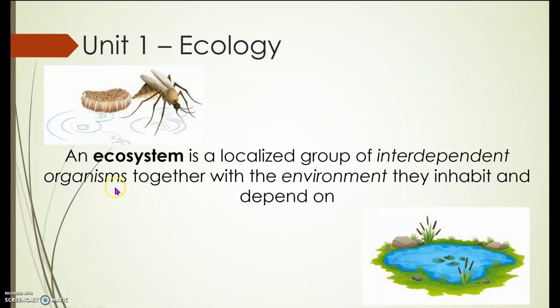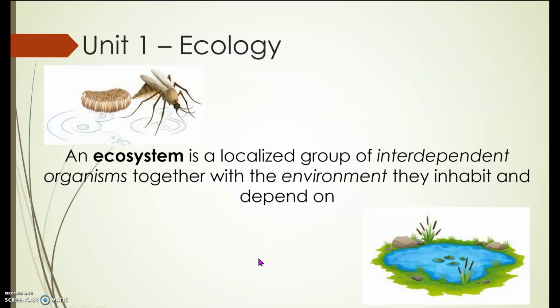So it is a group of organisms or animals or plants that are interdependent, or dependent upon each other, together with the environment they inhabit. So together they are living in the same environment. Inhabit is a place where they live and depend on. That's where they get their food. That's where they live, in the same environment.